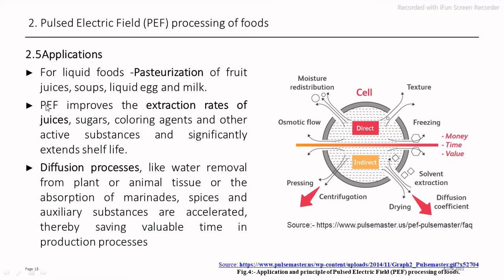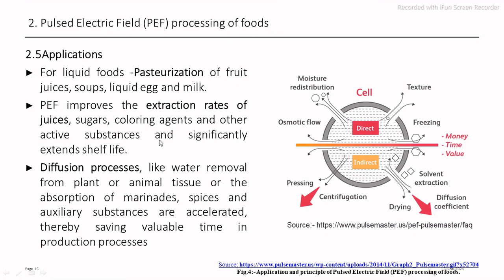The first basic application is in liquid food, used for the inactivation of pathogens by the pasteurization process. The second is the extraction of components from the cell, that is, extraction of juice, sugar, color agents and other active substances.